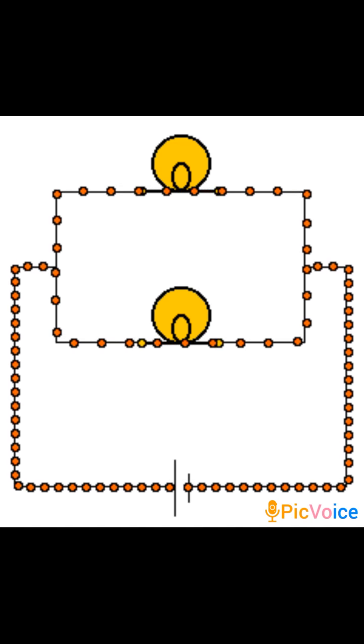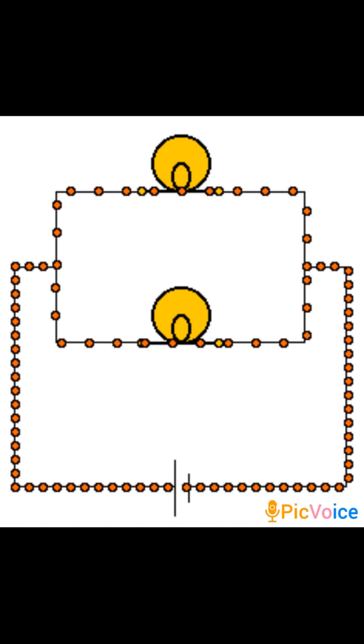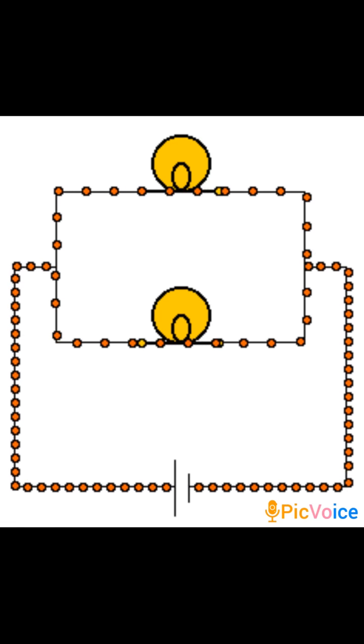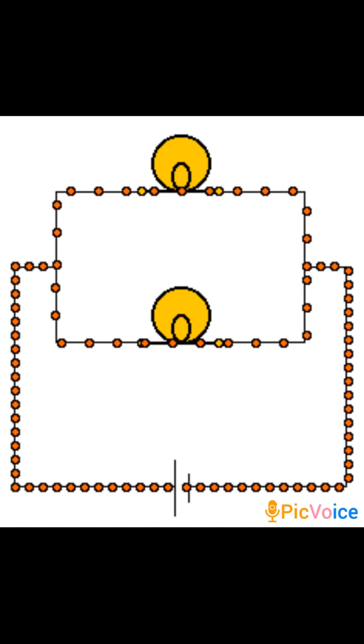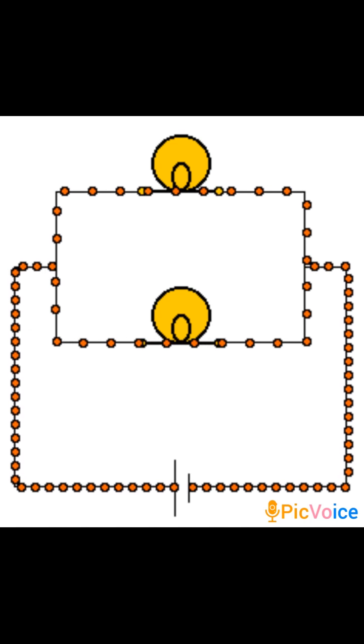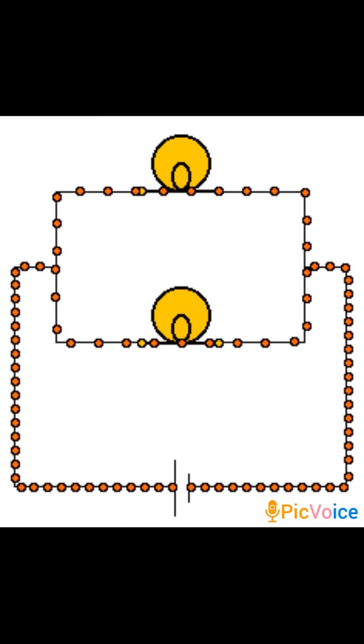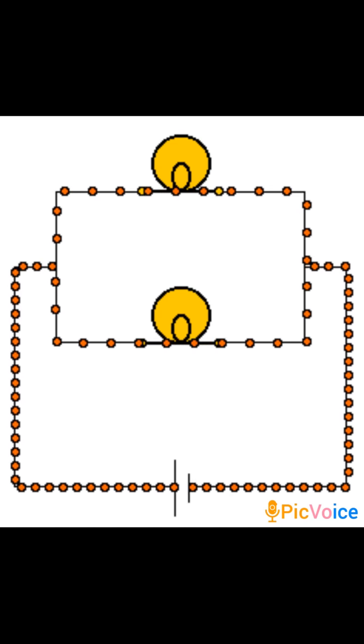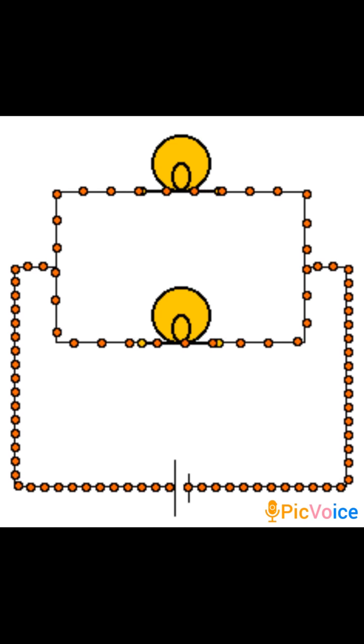Due to this reason, the electric circuits that are used in domestic purpose, that are used in industries, they are all connected in parallel to each other. The reason is, even if one appliance stops functioning, the other will function. That is why parallel is selected over series.